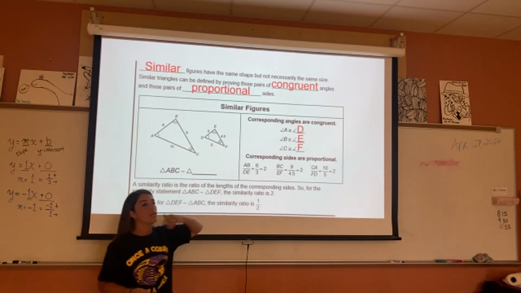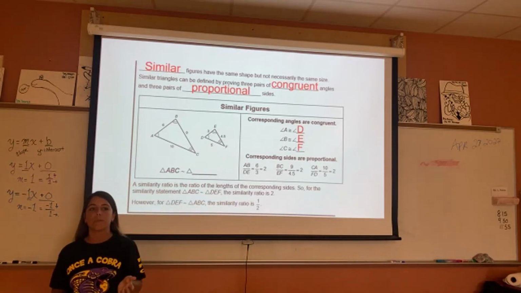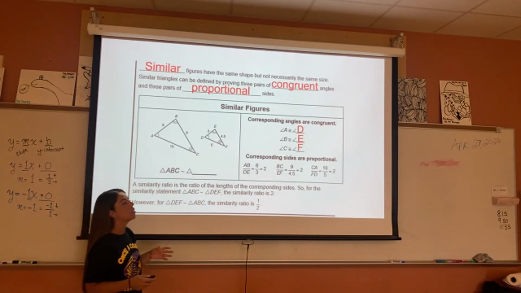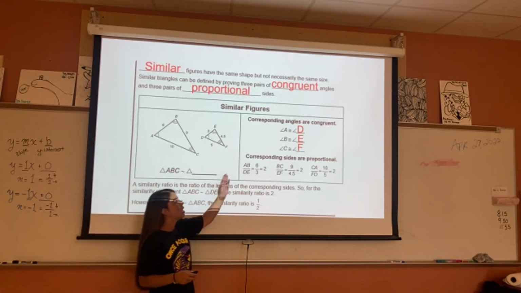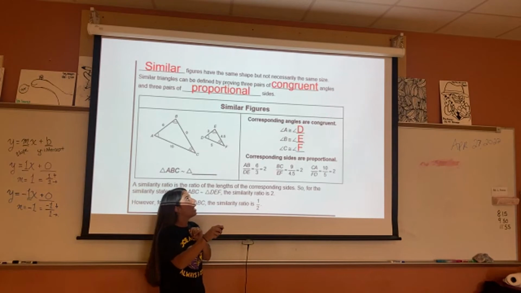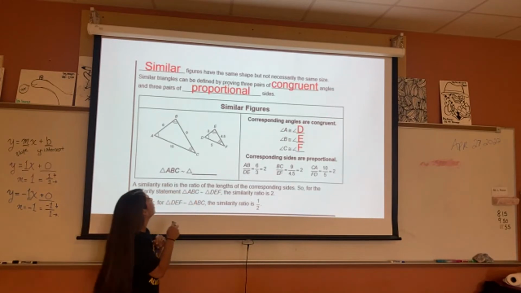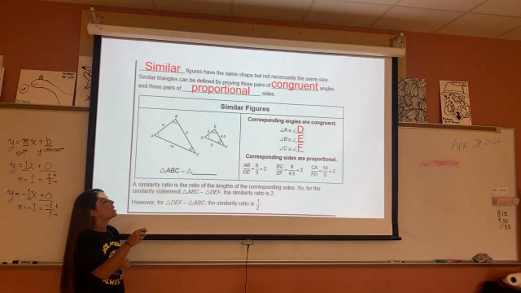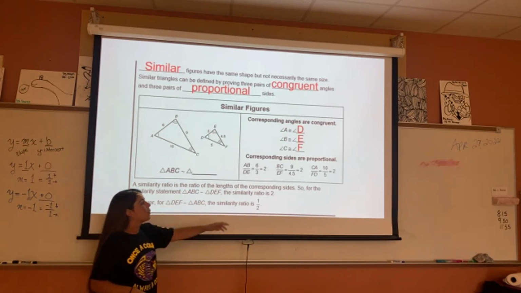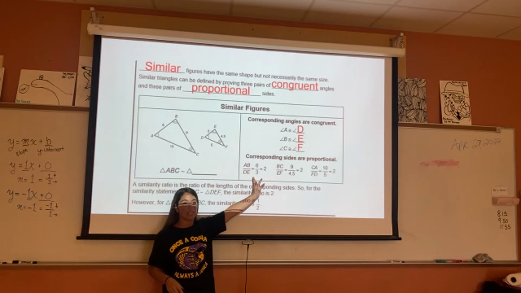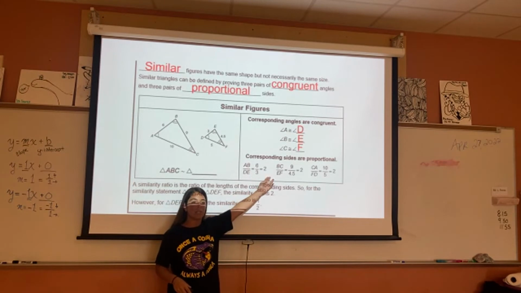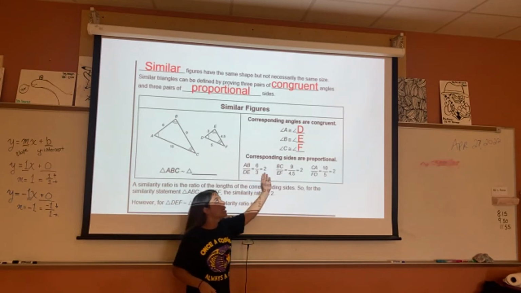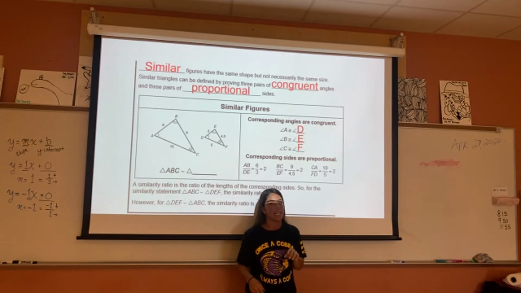Now, when we're doing corresponding sides that are proportional, to figure out the corresponding sides, it's just the letters that go together. AB must correspond to DE. AB has a length of 6, DE has a length of 3. That really means AB is twice as long as DE. That proportion there, it being twice as long, is going to be the same for every side.